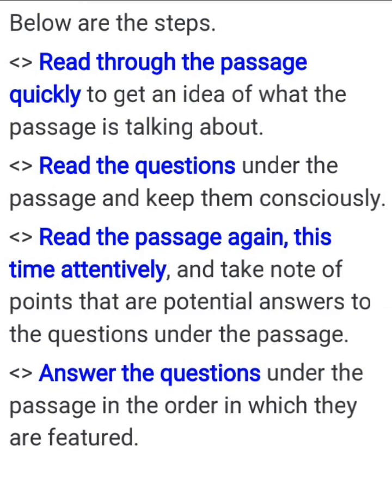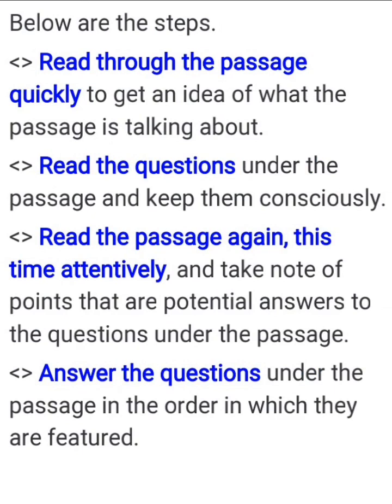The questions should be resonating in your consciousness, going through your mind, so that as you are doing your second reading, it will be telling you that this is the potential answer to a particular question among them. That's step 2. You read the questions under the passage and keep them consciously, that is, put them in your mind as you do the second reading, which is step 3.